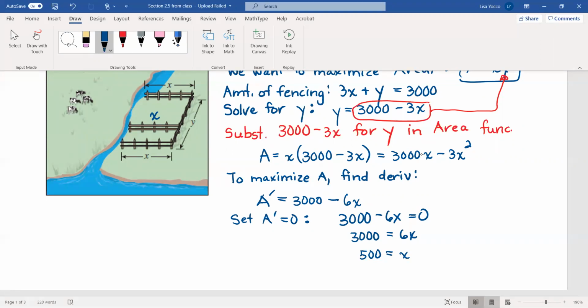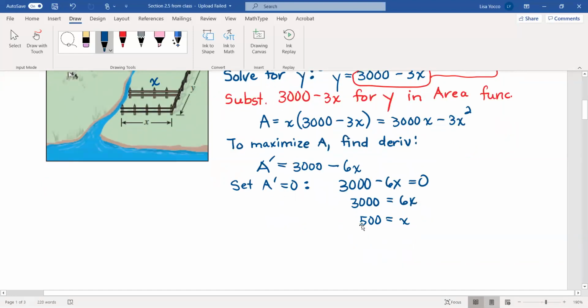Okay, now, basically we're pretty sure that's the answer because there's only one, well, actually it's not true.